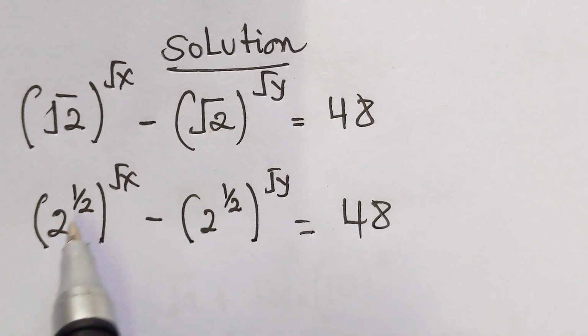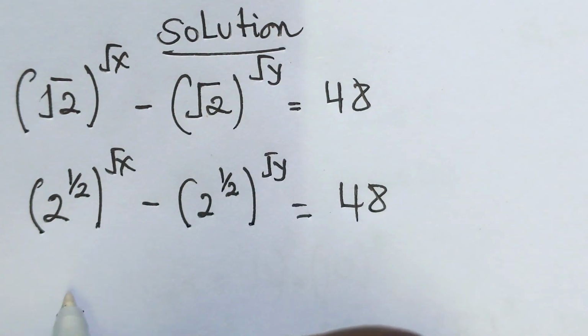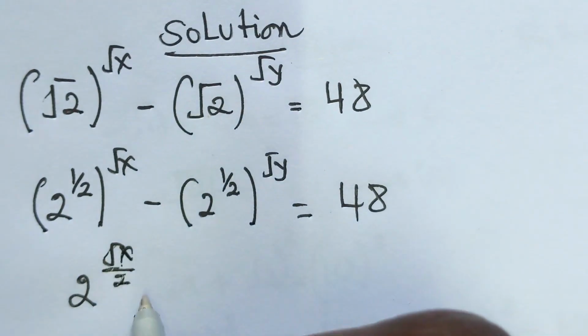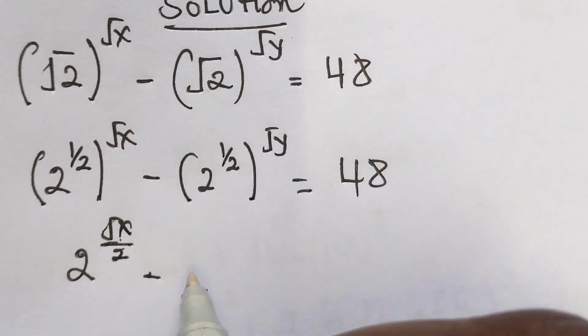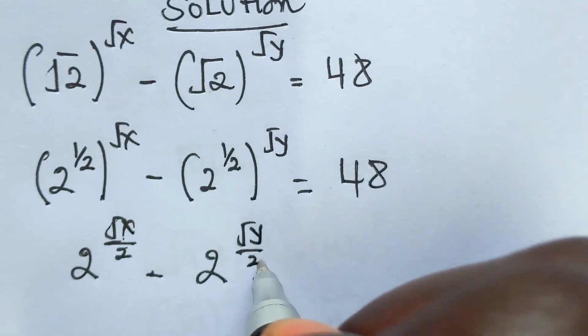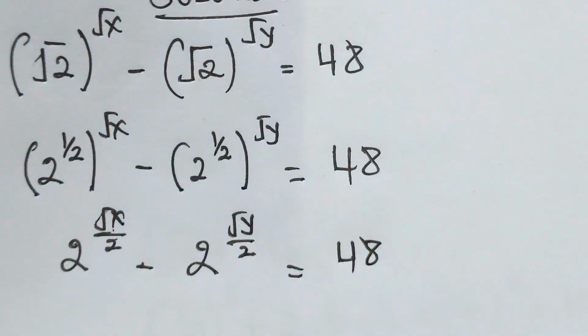Because we have powers, they can multiply themselves to get 2 power square root of x over 2 minus 2 power square root of y over 2 equals 48.